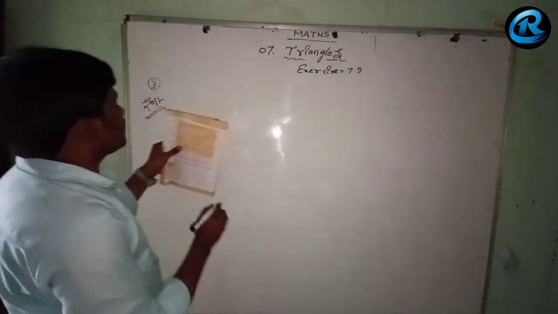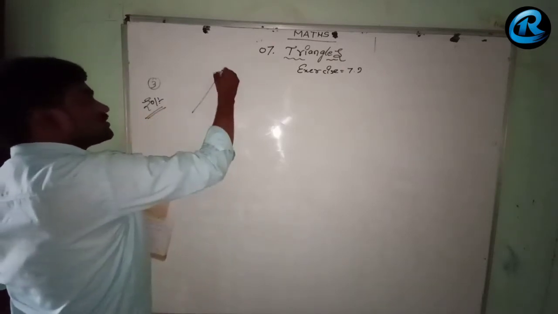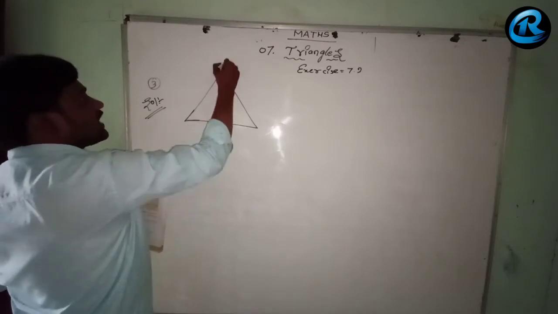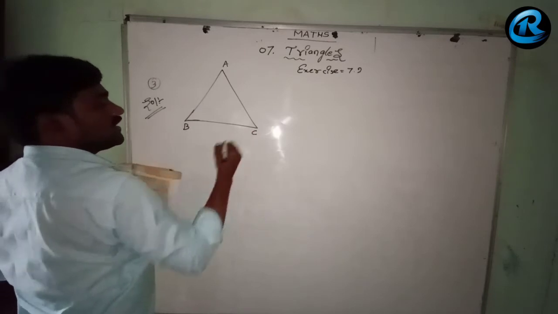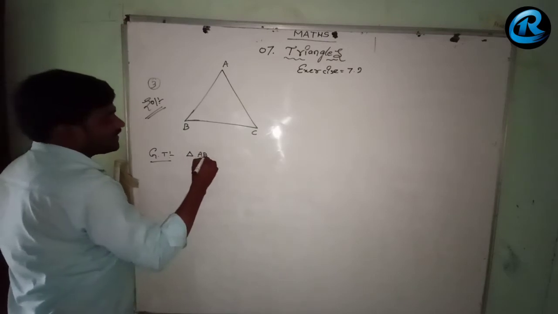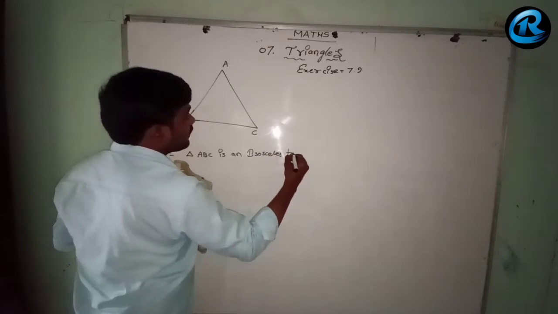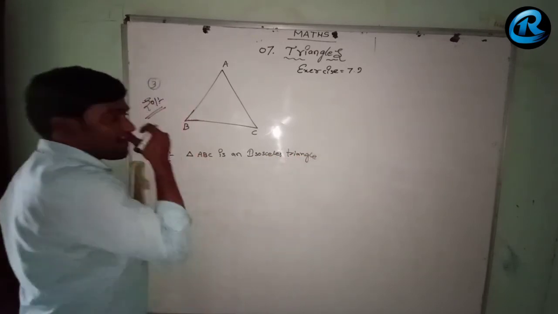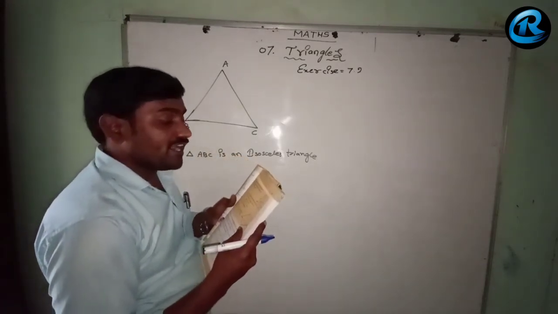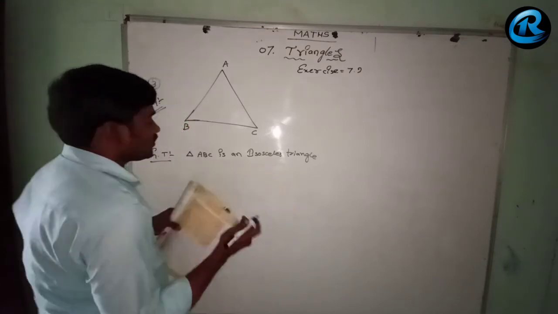So the third question: the triangle ABC is an isosceles triangle. Given that triangle ABC is an isosceles triangle in which altitudes BD and CE are drawn on equal sides AC and AB.